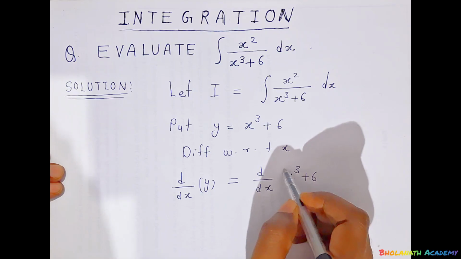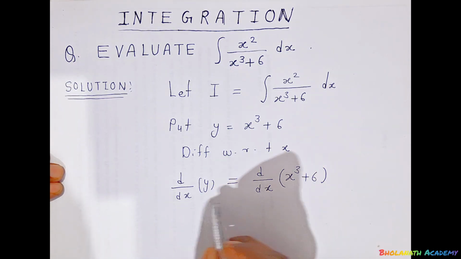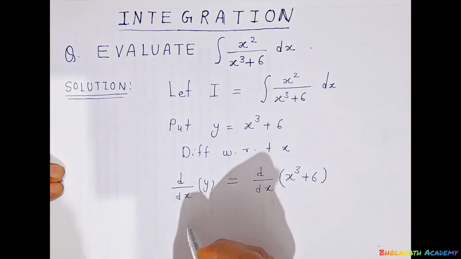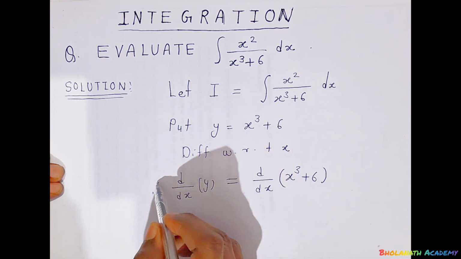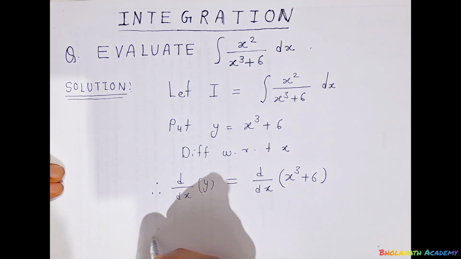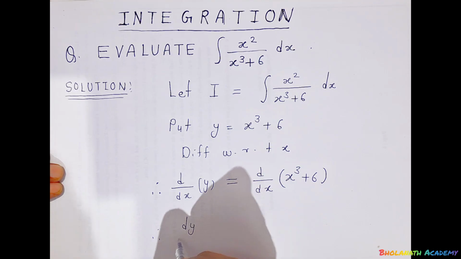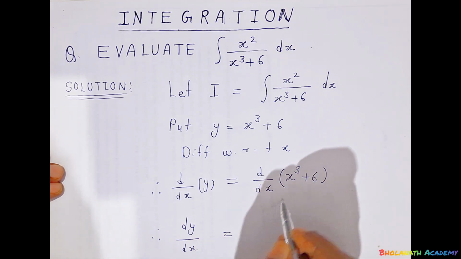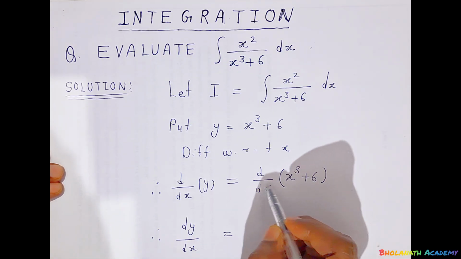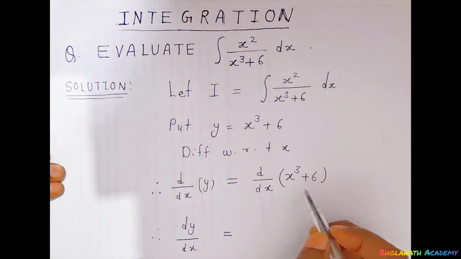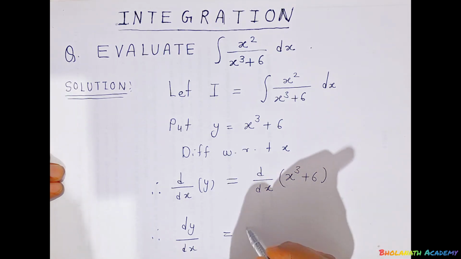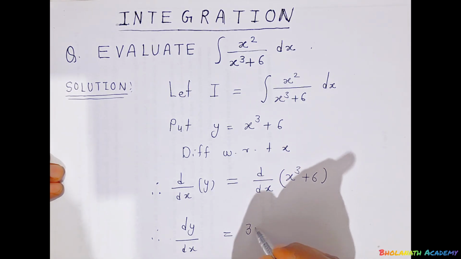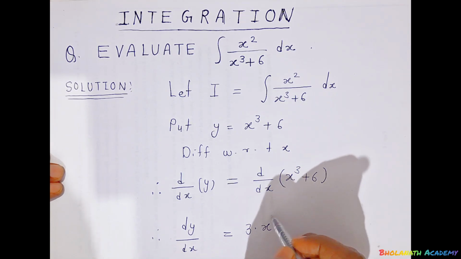Therefore dy upon dx is equal to the derivative of x cube plus 6. Differentiation of x raised to n is n into x raised to n minus 1. So when you differentiate x cube, 3 comes first, multiplied with x, and 3 minus 1 is 2.